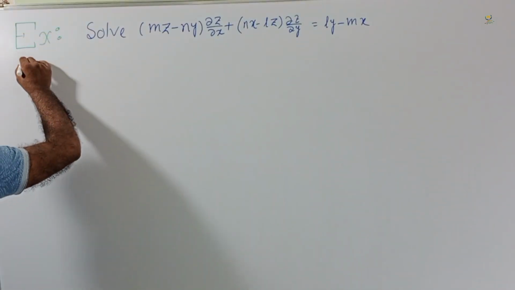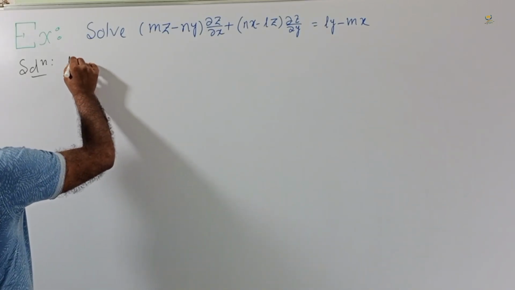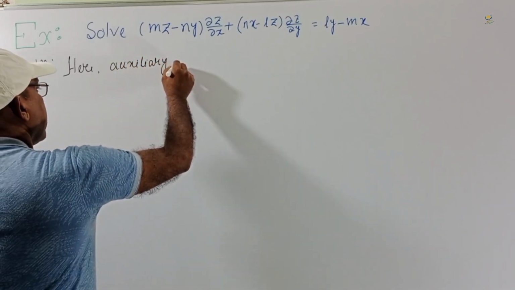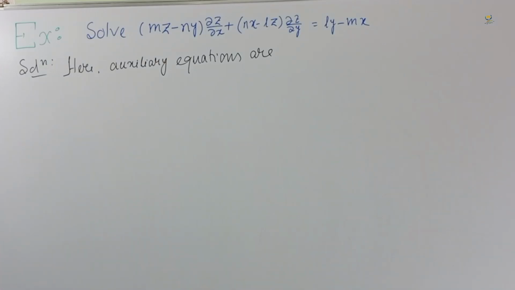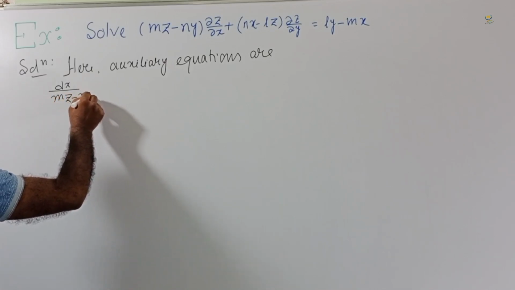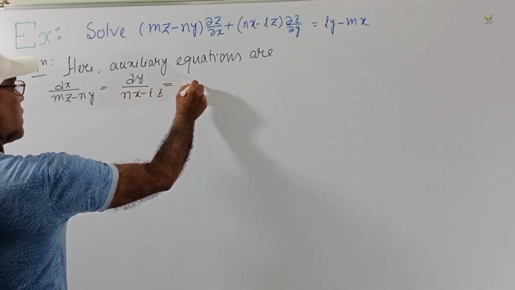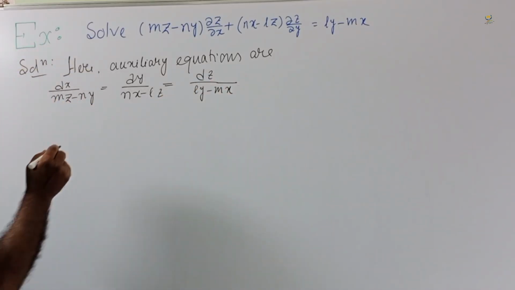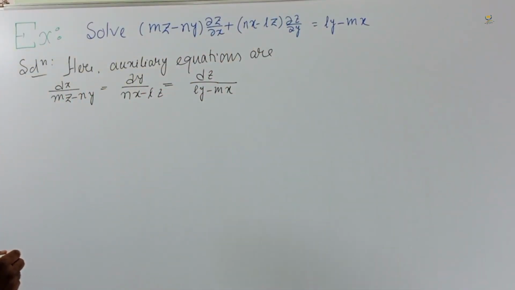Here the auxiliary equations are dx by (mz minus ny), dy by (nx minus lz), dz by (ly minus mx). So this is our auxiliary equation.